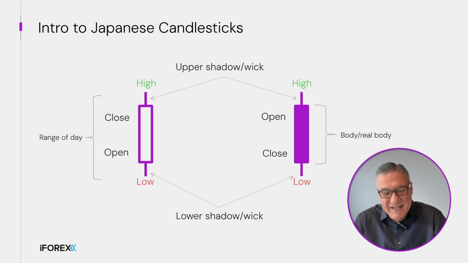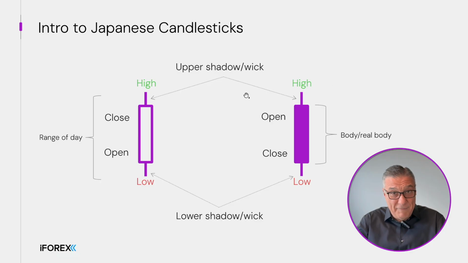It makes more sense. In the old times, it used to be a daily time frame only. Nowadays, of course, we have a lot more time frames. Now, the vertical bars above the candlestick are called upper shadow or wick, and the vertical bars below the body of the candlestick are the lower shadow or wick. Pretty straightforward. We will be using the terms as we move on in this webinar.